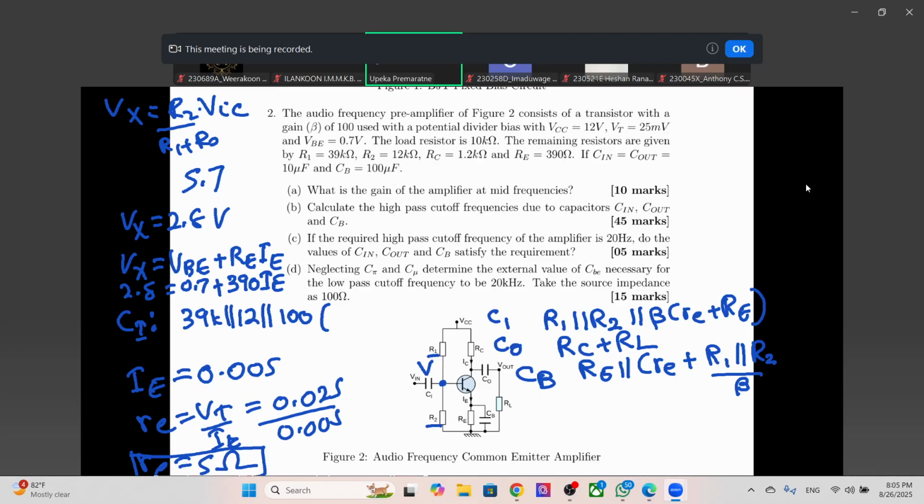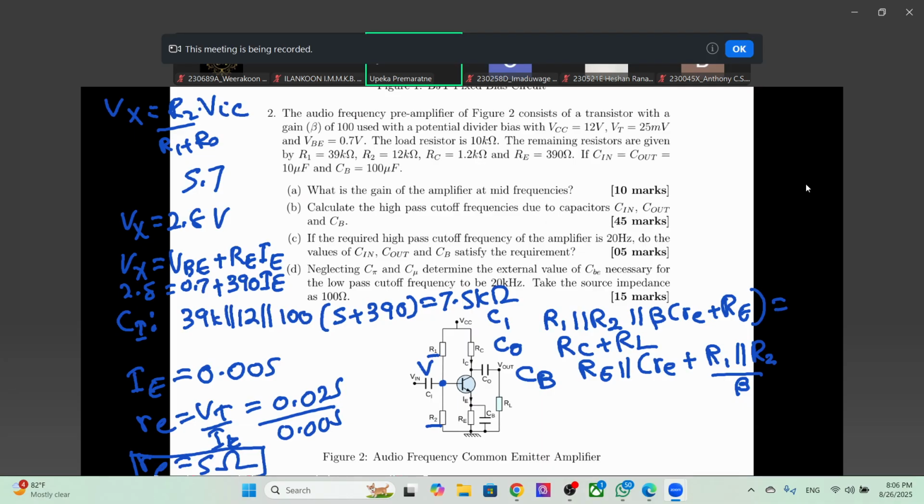Okay, so Ri is 5 plus 390, approximately 7.5 kilo ohms, for the input capacitor.